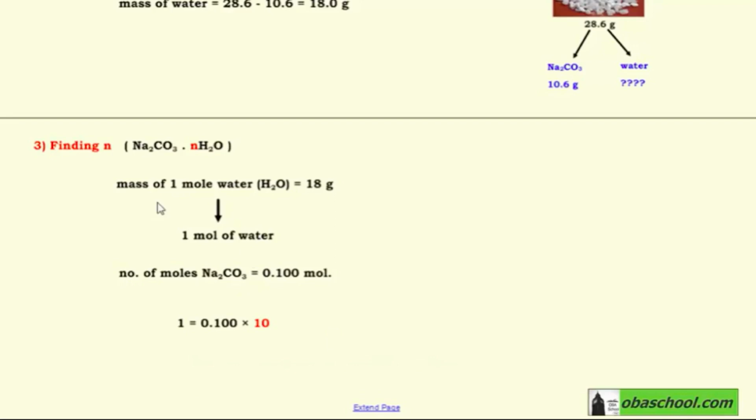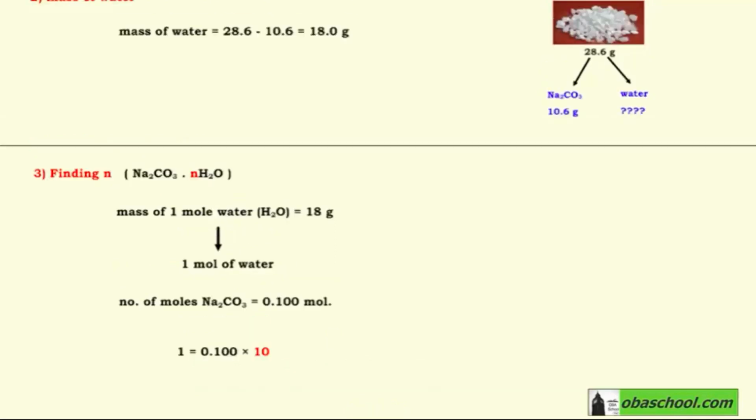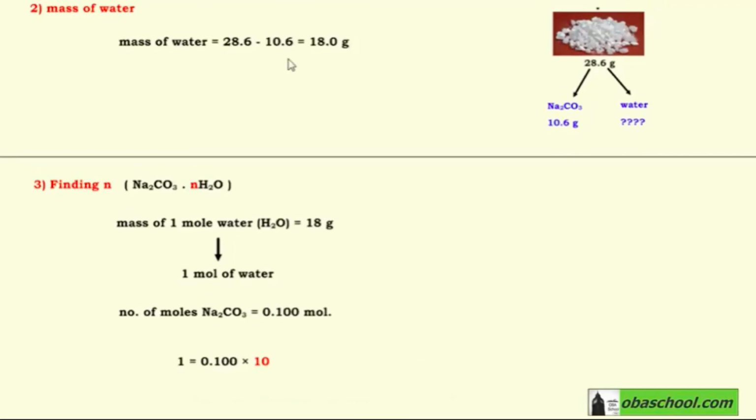Let's repeat. The mass of 1 mole of water is 18 grams. So we have 1 mole of water. We said that the number of moles of sodium carbonate is 0.1. If I compare the number of moles, I notice that the number of moles of water is 10 times more than the number of moles of sodium carbonate.